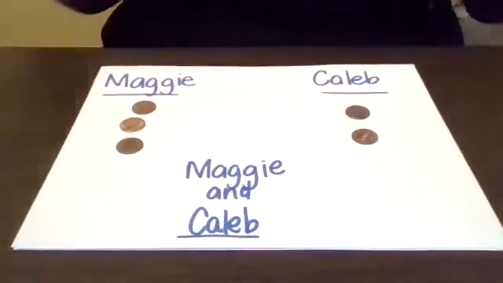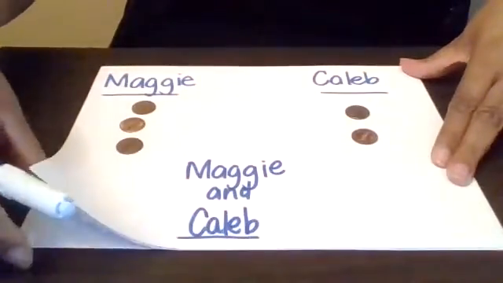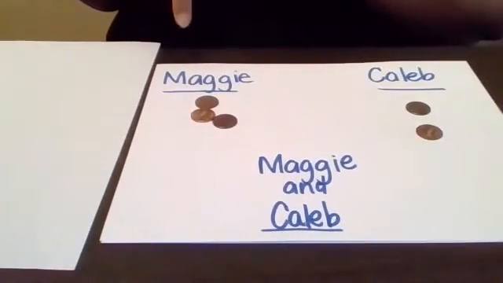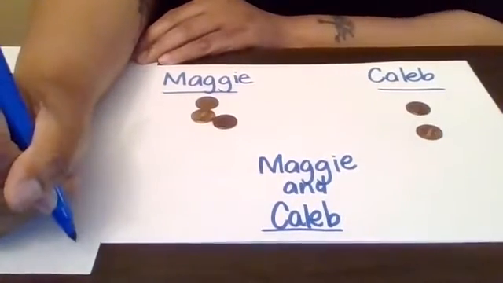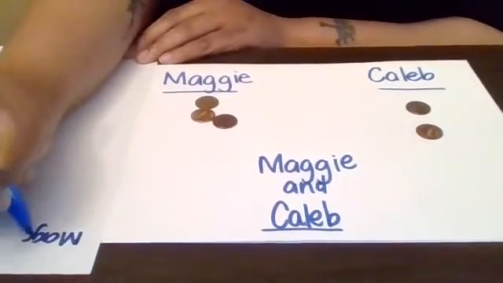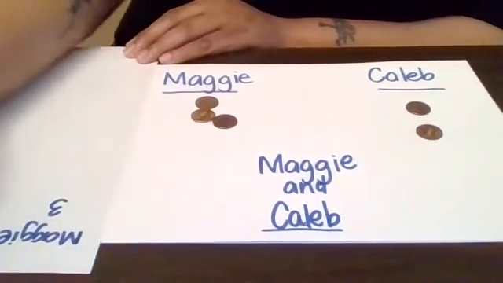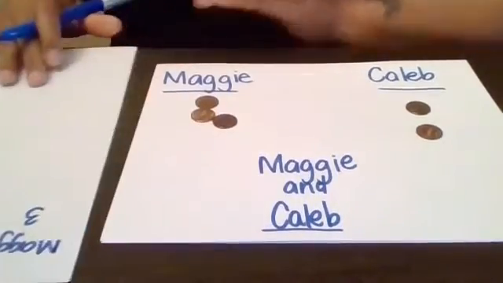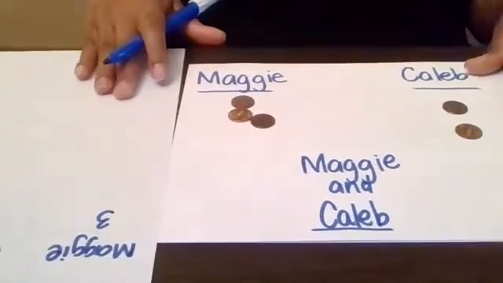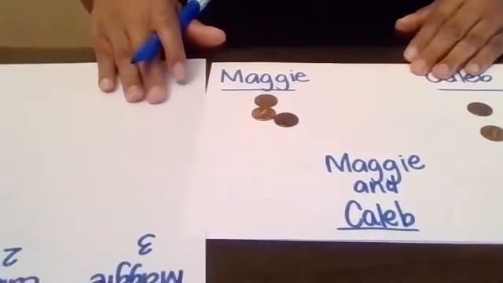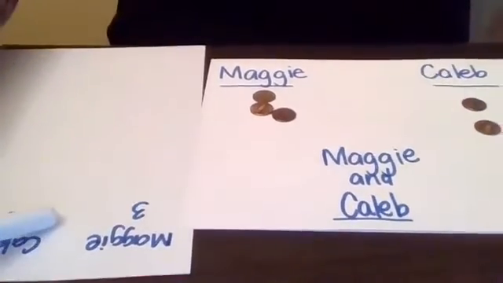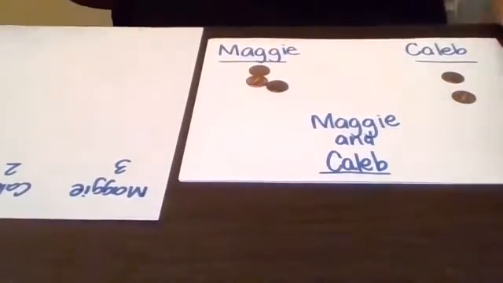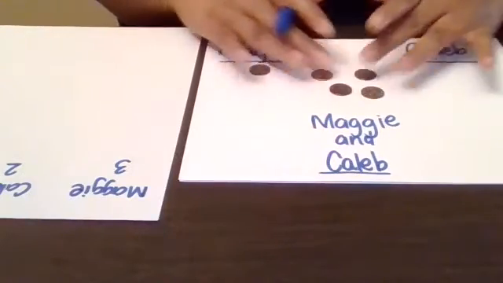So I'm going to take a piece of paper, and I'm going to write that on my paper. So we have Maggie has 3, and Caleb has 2. And when I bring them all together, let's see how many we had.